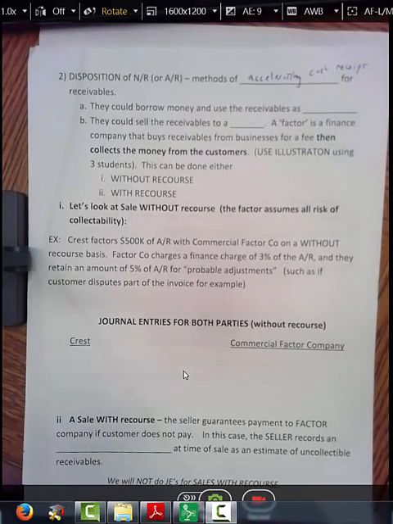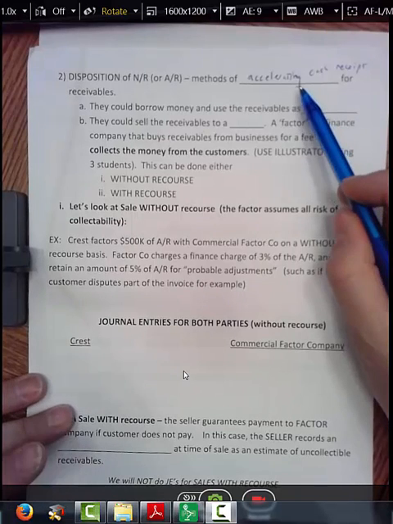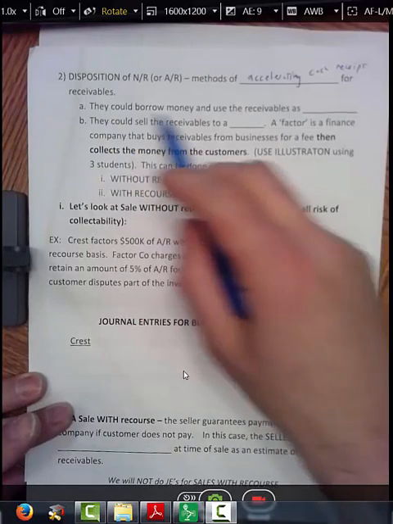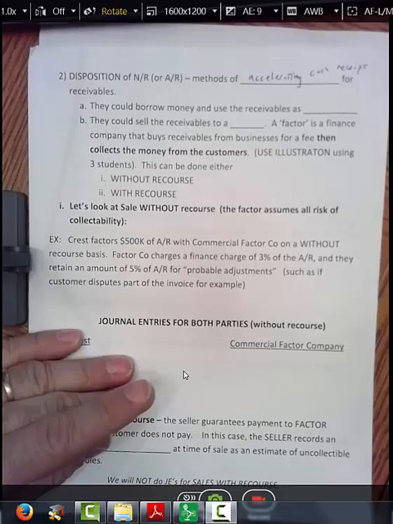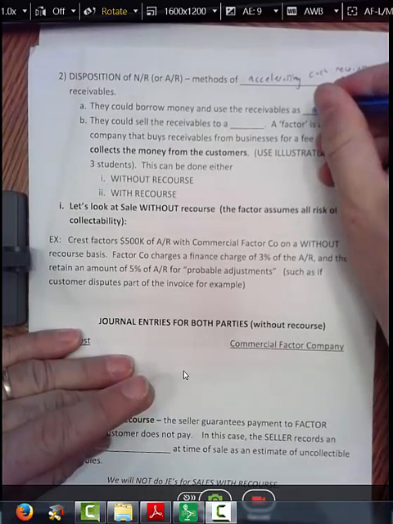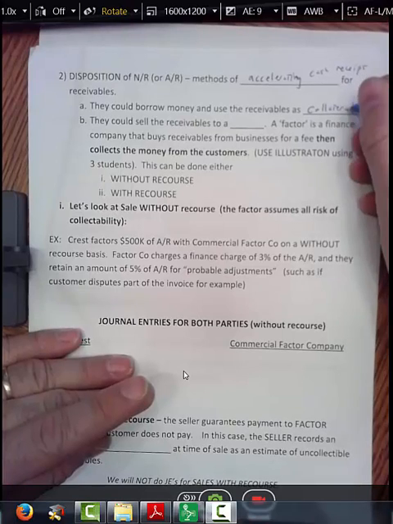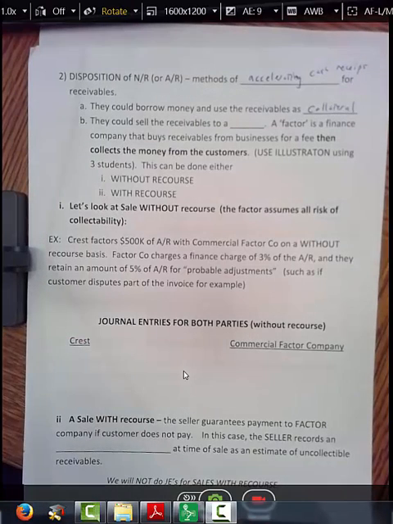Okay. So there's a couple ways you can accelerate cash receipts for receivables that you have. One of the things you could do is you could simply borrow money and use those receivables as collateral with your bank. Receivables, if they are valid receivables, are strong collateral to back up your loan.